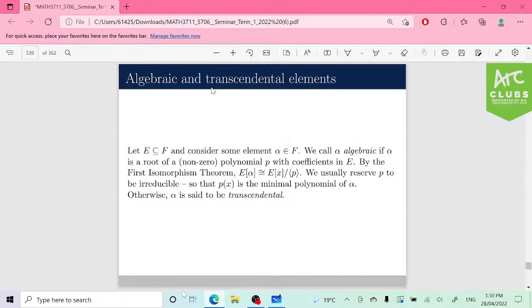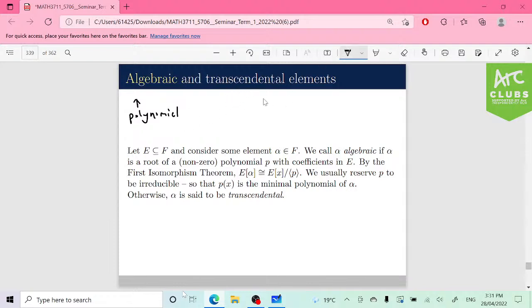So once we've defined an extension, we can start talking about algebraic and transcendental elements. So algebraic really comes from the fact that we can define a polynomial.